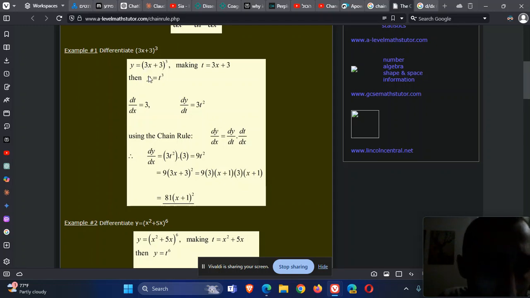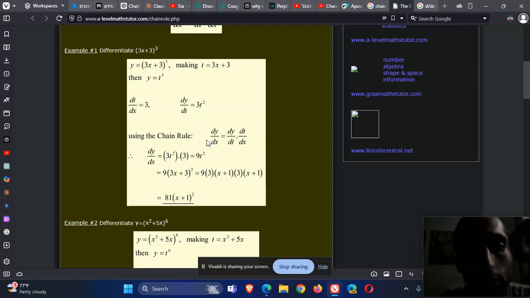Now, if I want to take the derivative of y with respect to x, but y is defined with t, what I can do with the chain rule is take the derivative of y with respect to t and the derivative of t with respect to x. This is the same as taking the derivative of y with respect to x.